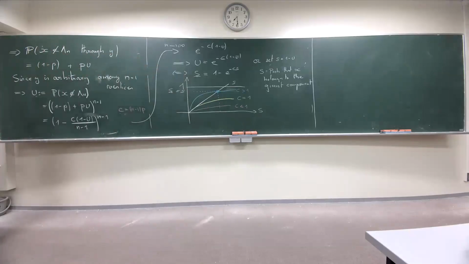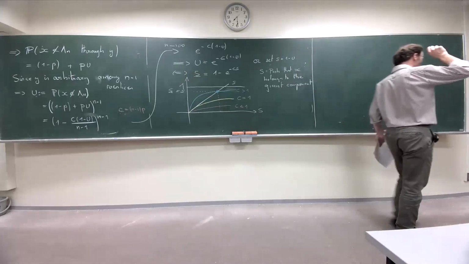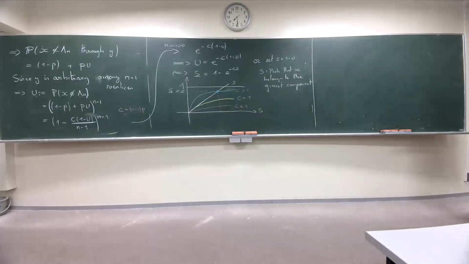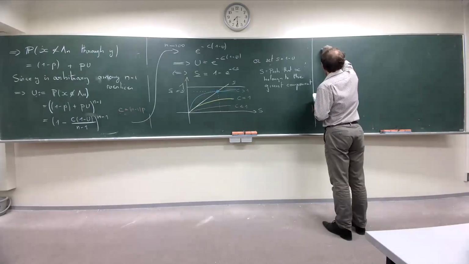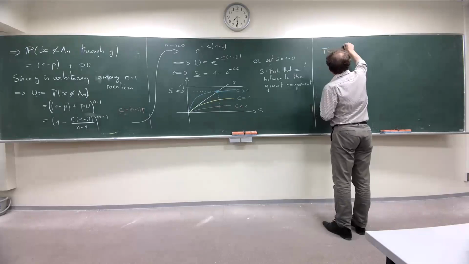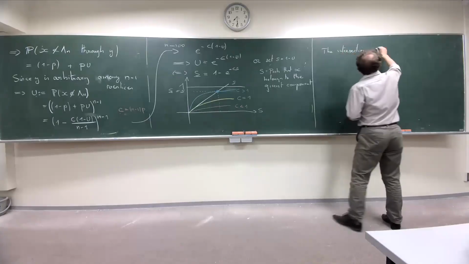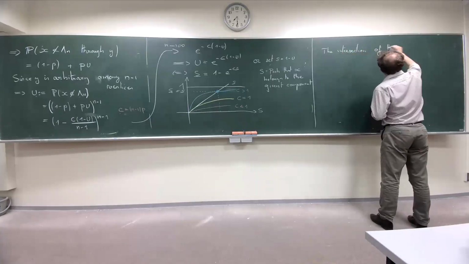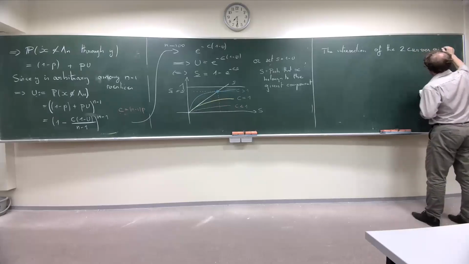No, it's the probability that if you pick an X arbitrary, you are in the giant component. So the intersection of the two curves gives the solution.